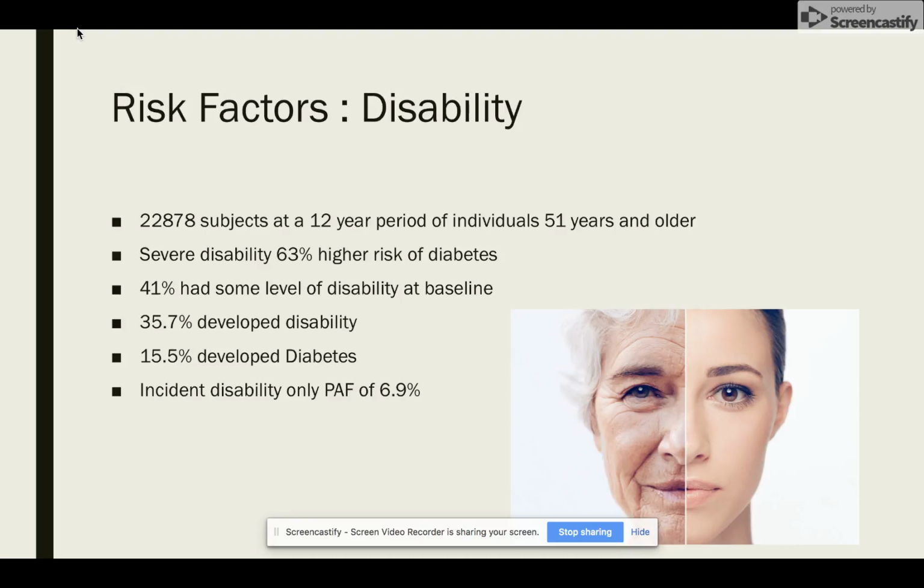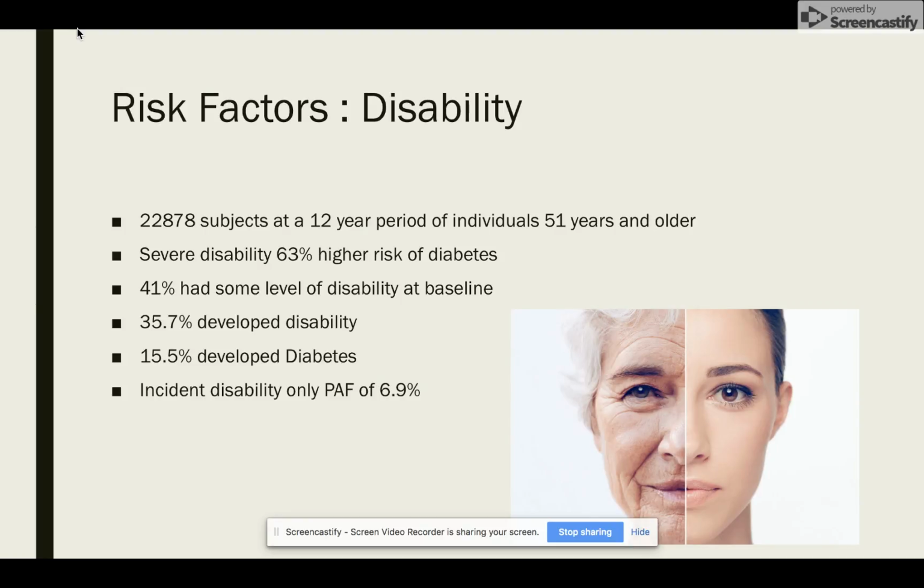The last risk factor that I looked at was disability. The study found 22,878 subjects along a period of 12 years, individuals 51 years and older. People that had severe disability had a 63% higher risk for diabetes. 41% of them had some level of disability at the baseline, 35.7% of them developed disabilities during the study, and 15.5% of them developed diabetes.